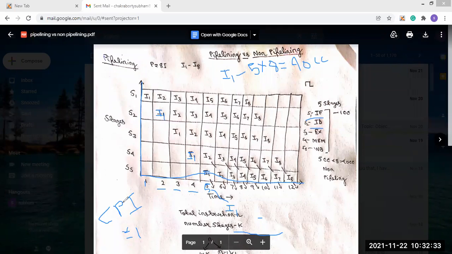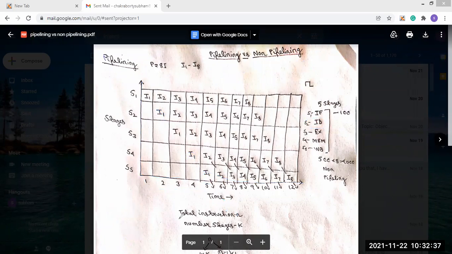So let's say our total number of instructions is n, and the number of stages is k.